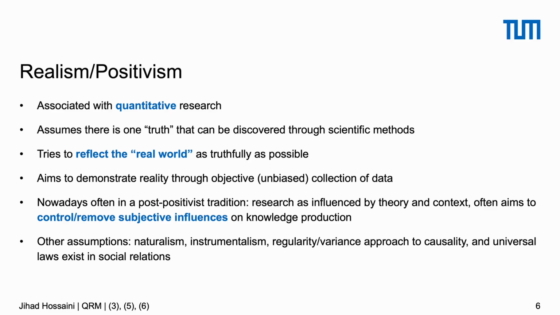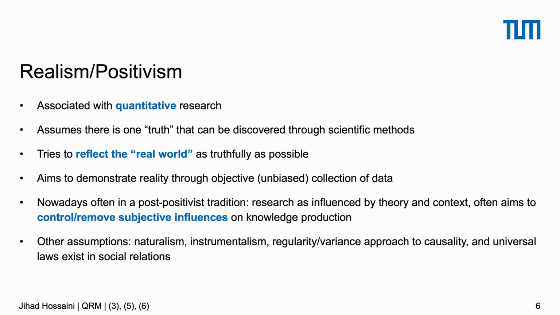But the post-positivist idea, which we mix together today, is that research is also influenced by theory, and research is influenced by context. So our sort of focus would be to remove some biases, as they call it in quantitative research, like any type of subjective influence. We need to remove that as much as possible, and that's what makes our research objective or good or whatever.